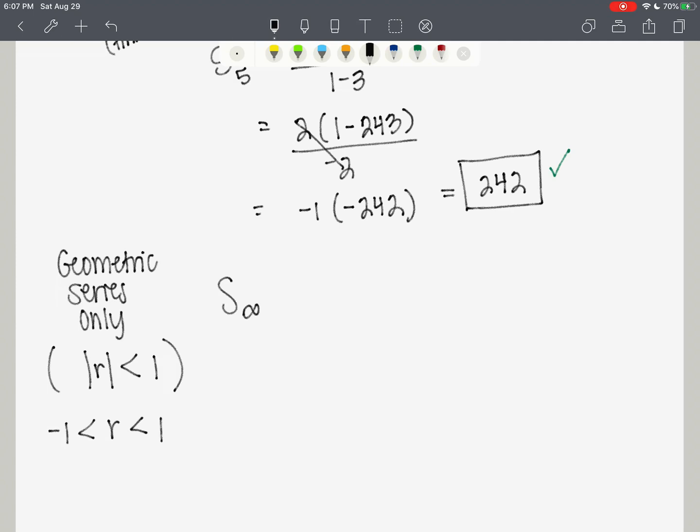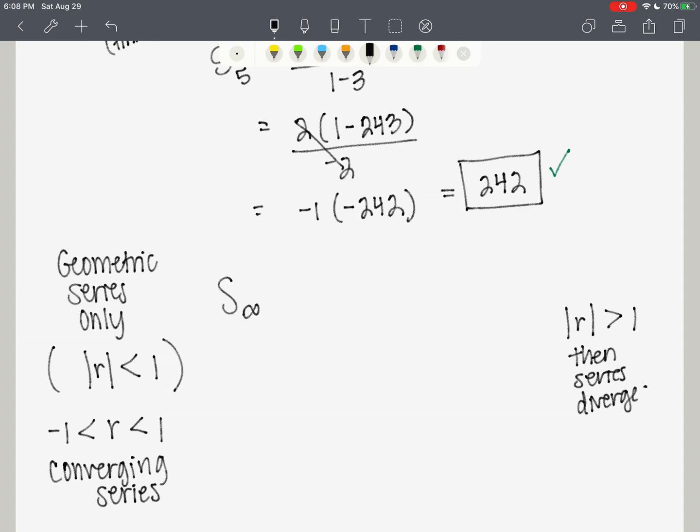If r is between negative 1 and positive 1, our series converges. So I'm going to say converging series. If the absolute value of r is greater than 1, then the series diverges and there is no infinite sum.